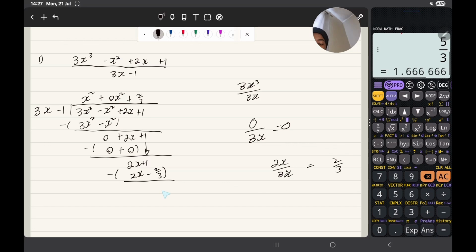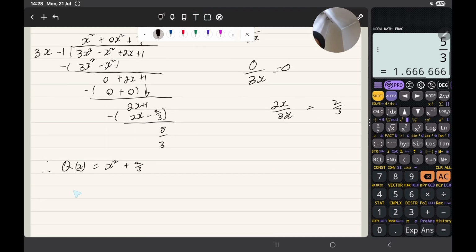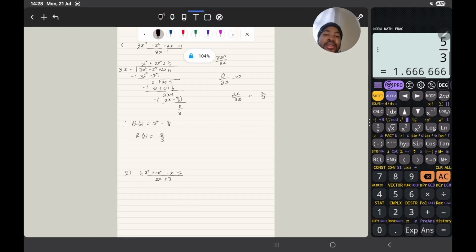We get 5 over 3. So therefore here you would say your quotient is x squared plus 2 over 3, and your remainder is 5 over 3.